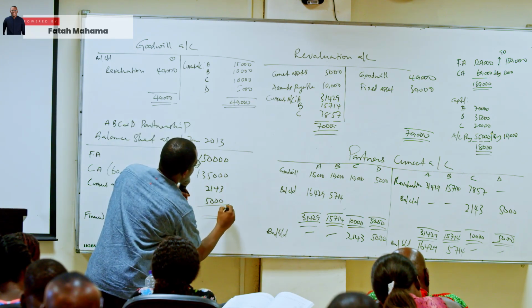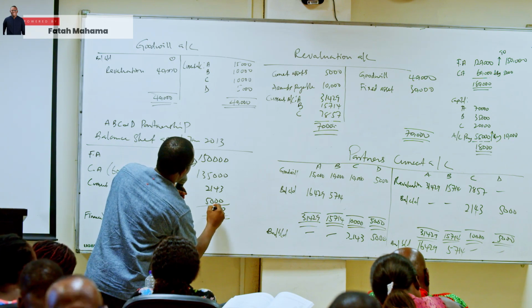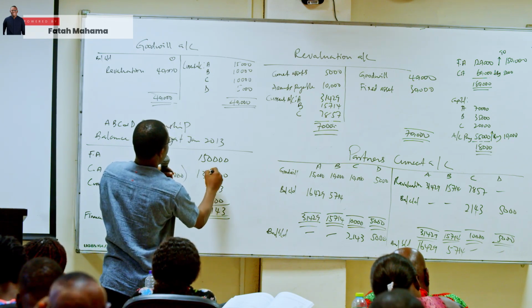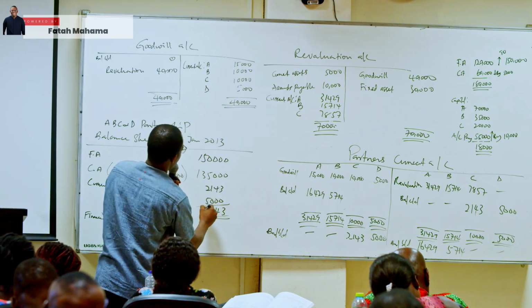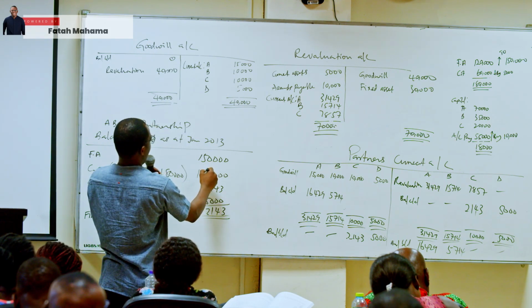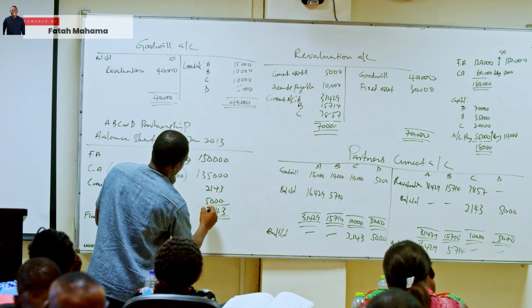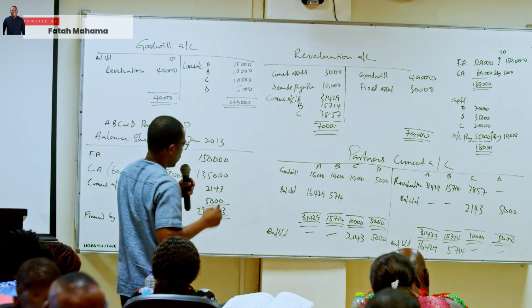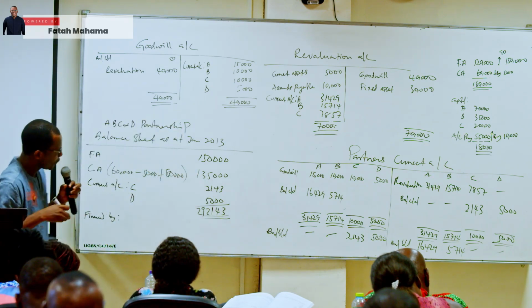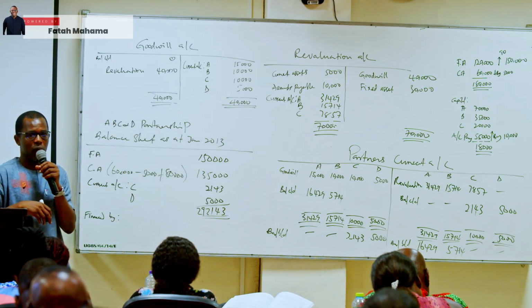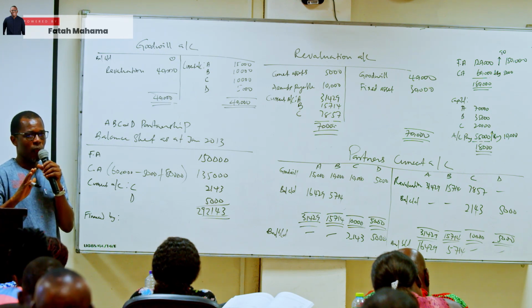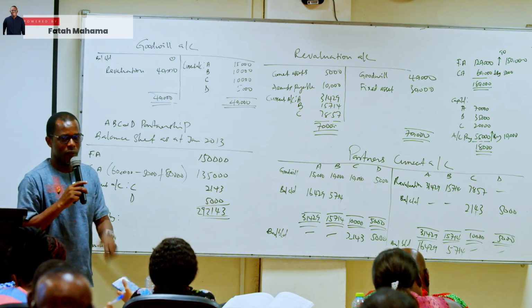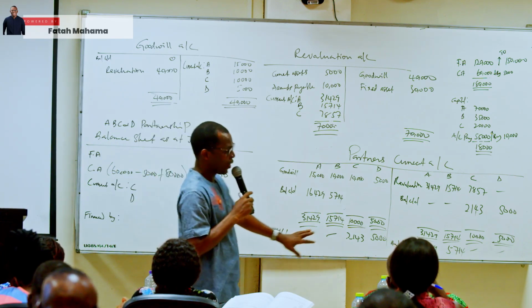Very good. Okay, 3, 4, 1, 7, 12, 2, 1, 4, 9, 9, 2. Are we good? Sorry, you don't understand this?